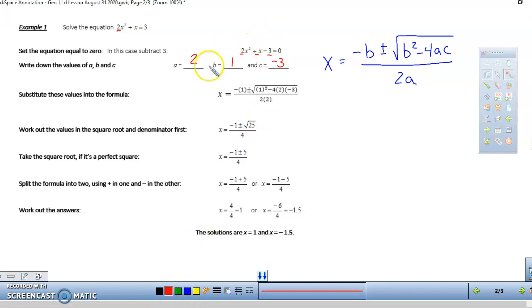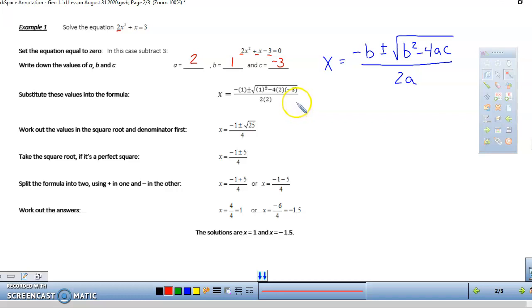All right, so all you do at this point is start plugging in the numbers where they go. So the b goes where the -b is, b squared minus 4, a is 2, c is -3. Notice that I did put parentheses around all of those numbers. That does help a lot, especially when you have negative values to plug in. So please use all of those parentheses.